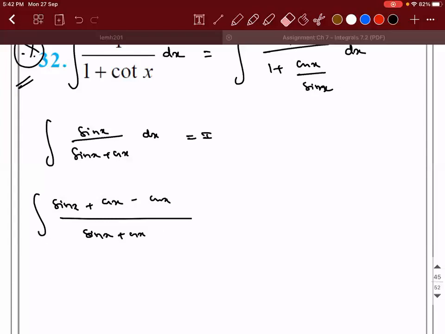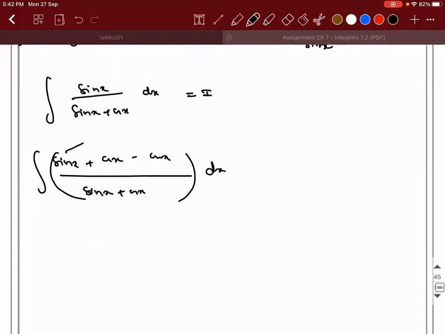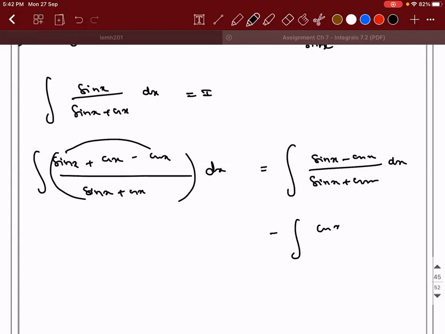This whole thing into dx. Okay. So sin x minus cos x I'll combine, divided by sin x plus cos x into dx minus integral of cos x divided by sin x plus cos x dx. Correct?